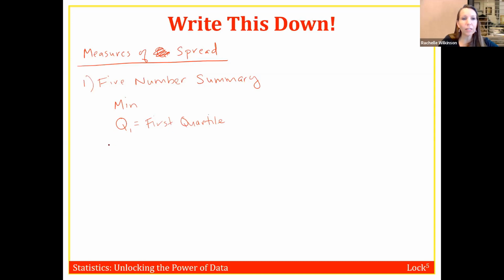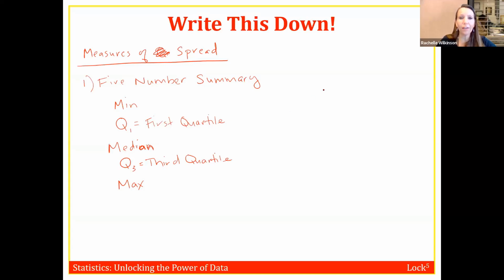The next number is the median, and we've already learned what the median is. The median is the middle value of the data set. Next, we have Q3, which is the third quartile. And then finally, we have the maximum, which is just the largest number in the data set. So these are the 5 numbers that make up the 5-number summary.